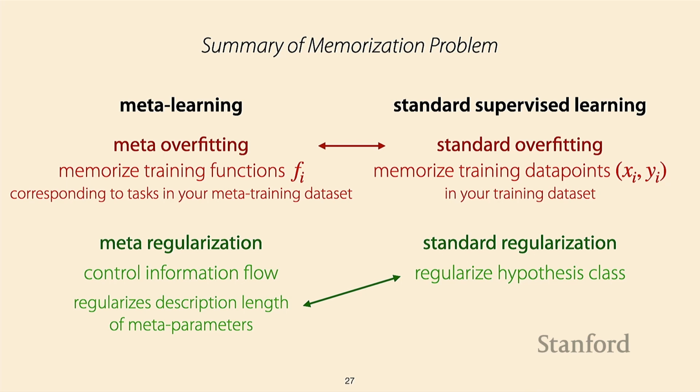What do you mean by description length? That's a great question. I guess I put it on the slide. I'd rather not go into it now, but I'm happy to talk about it in office hours.